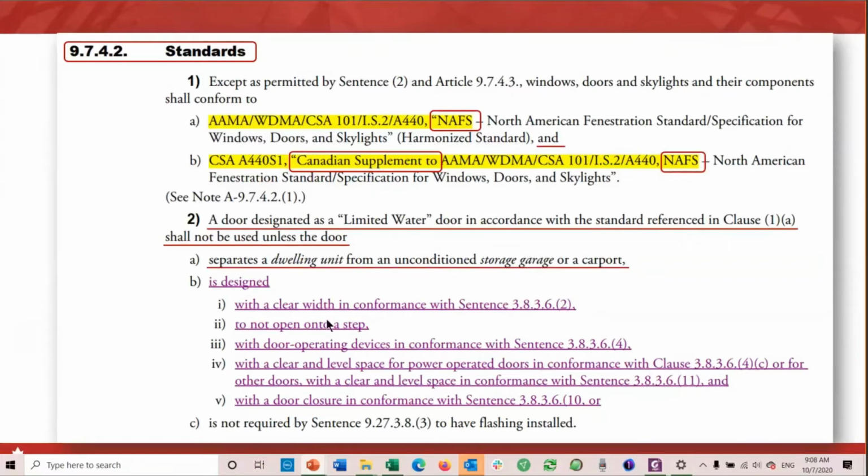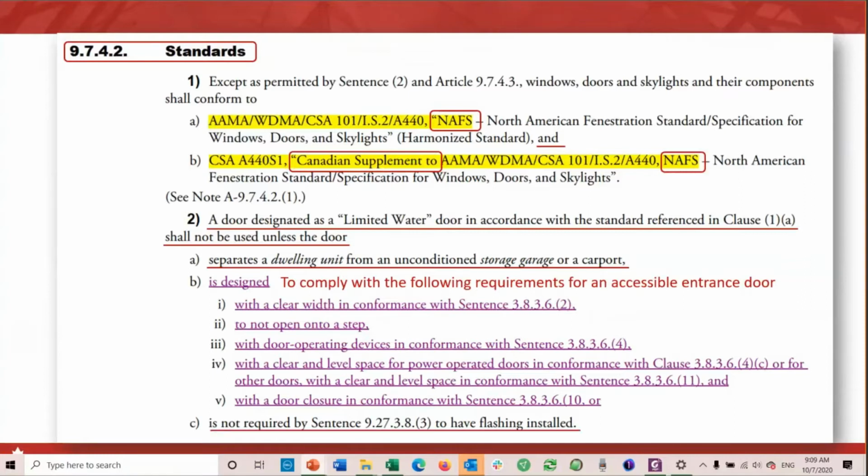If the door is designed to comply with the requirements for an accessible entrance door, which are spelled out here, accessible entrance doors are allowed to be exempted from the water penetration requirement, not because the code doesn't care, simply because those doors, because of their design, are not able to provide the required level of water performance.